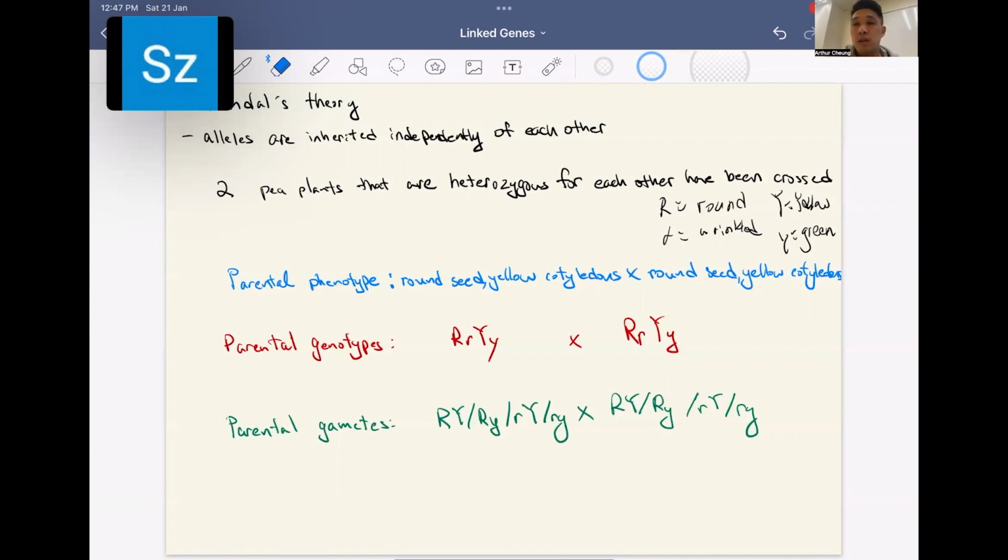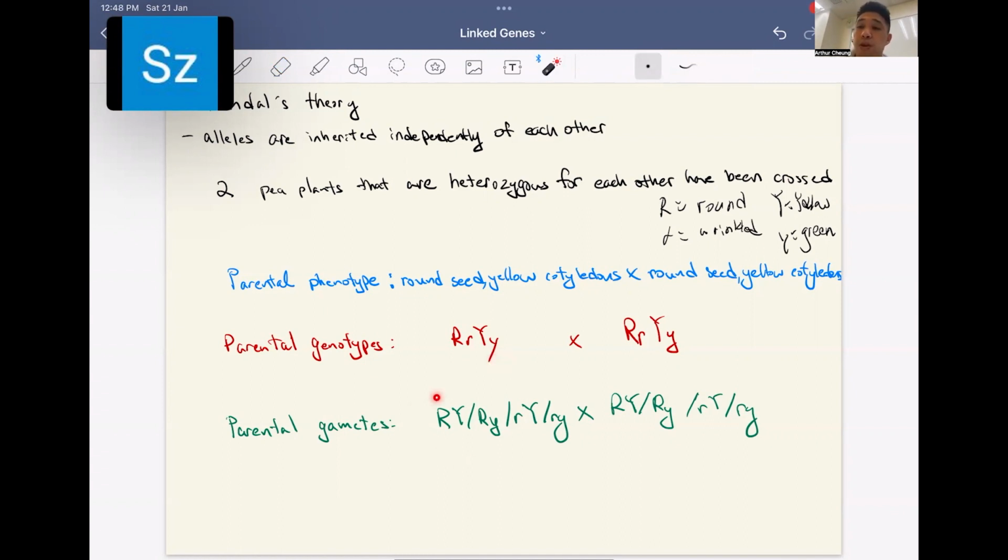As both of the parents used are heterozygous, the genotypes of the parents would be capital R, small r, capital Y, small y.